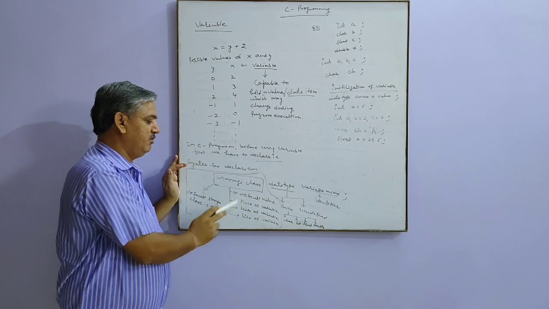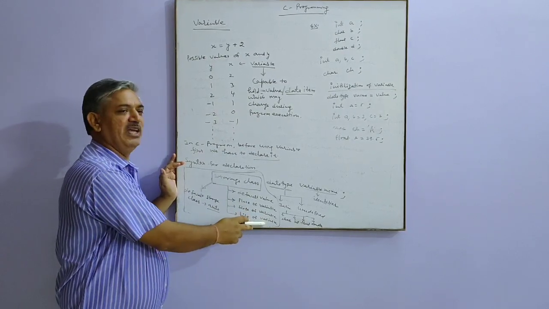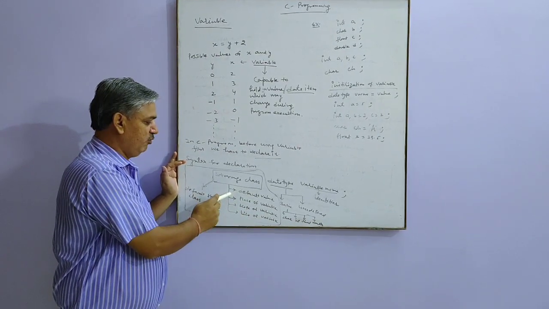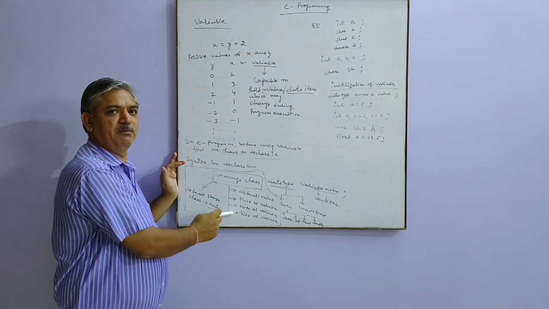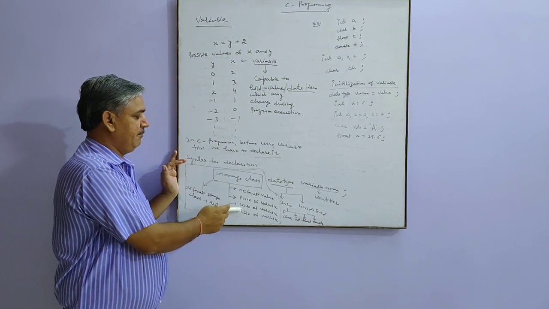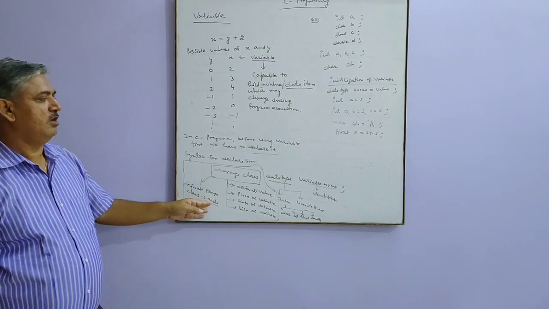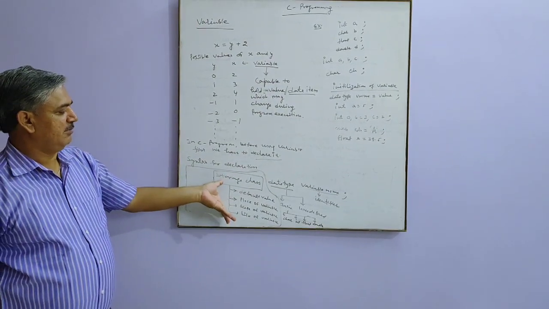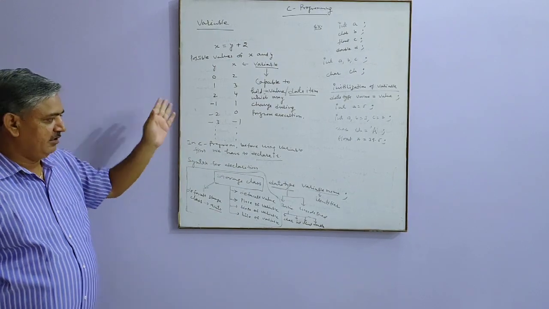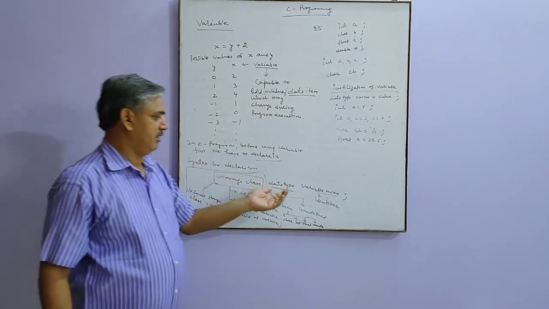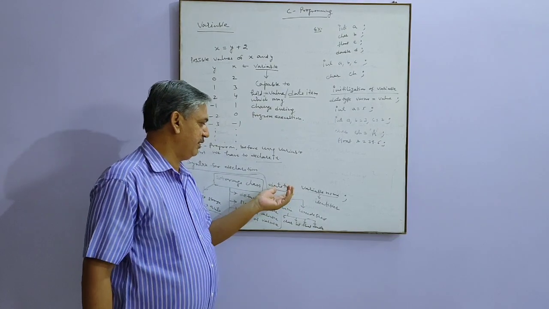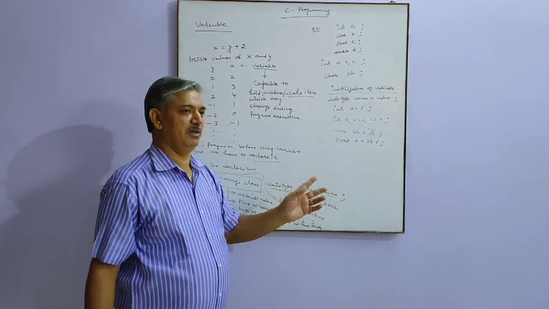What is the scope of the variable? And what is the life of the variable? These four points depend on the storage class. In C, the default storage class is auto. We will describe this later on. At this point, our syntax is only data type, variable name and semicolon.